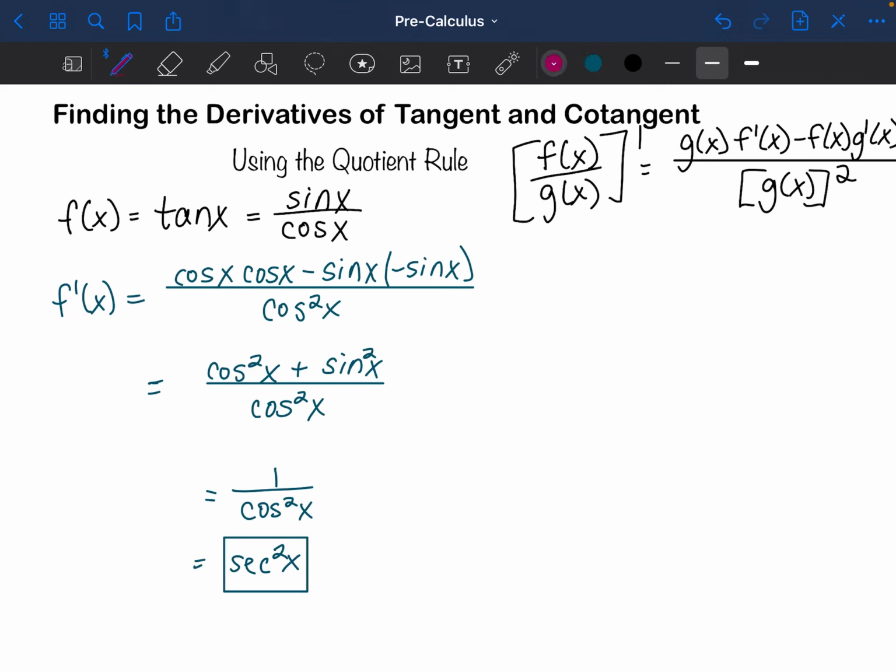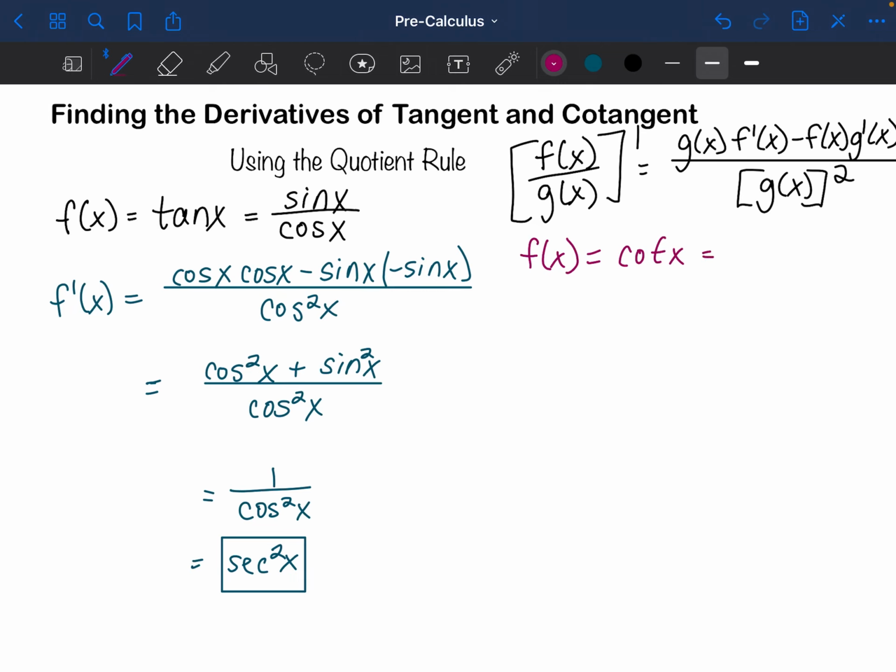Let's do cotangent next. So f of x equals cotangent of x. Cotangent is the reciprocal of tangent, so that's going to equal cosine over sine. Then the derivative, using the quotient rule: low d high minus high d low.